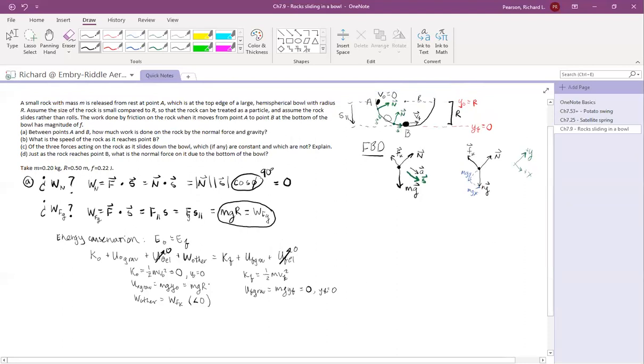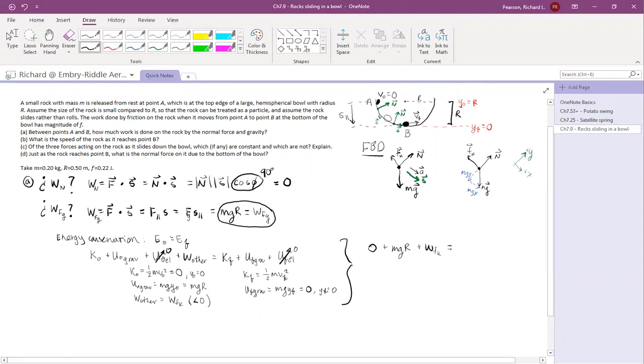All right, so that means that we can rewrite this whole thing into a 0 for our initial kinetic energy, mgr for our initial potential energy, our work done by kinetic friction.